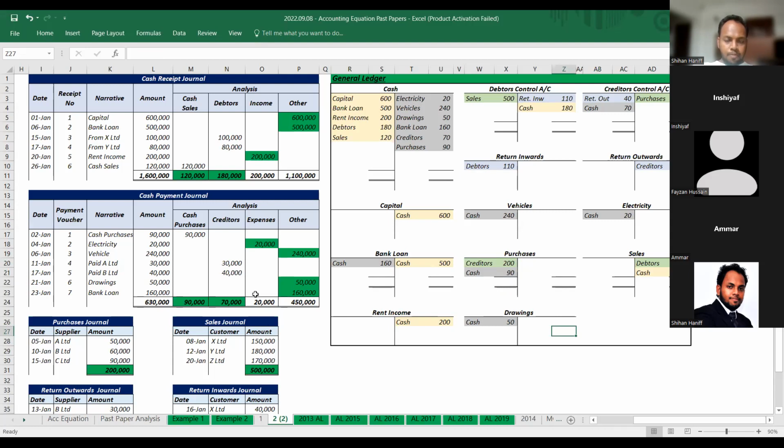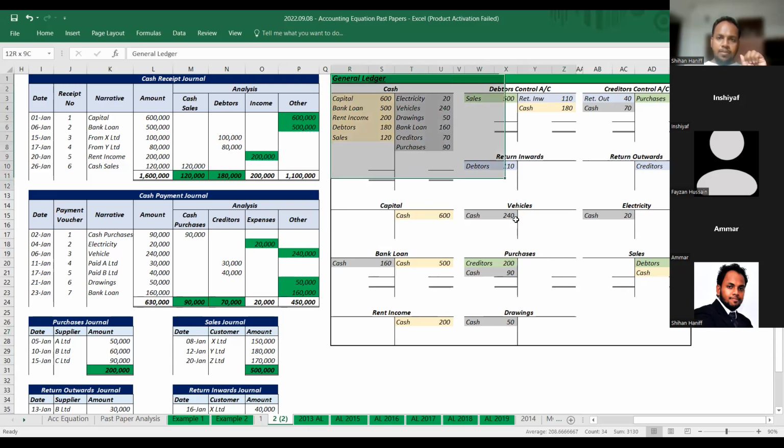Okay, so we have completed recording all the transactions in the general ledger, right? Prime entry books, then general ledger. Now we need to balance the ledger accounts.